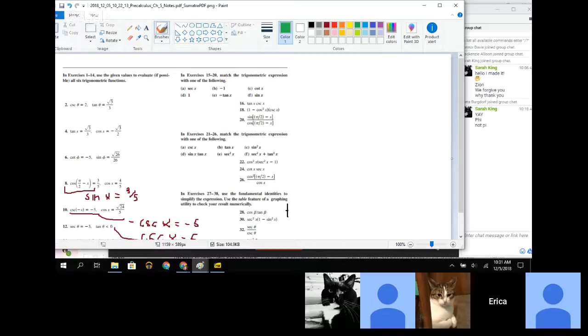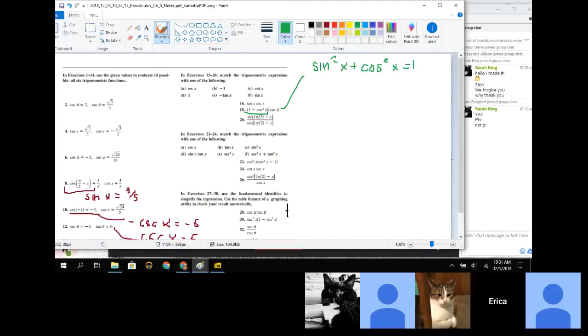Okay, so number 18 is 1 minus the cosine squared of x times the cosecant of x. Whenever you see that squared value in there, you want to be thinking, can I use one of my Pythagorean properties? So I know that the sine squared of x plus the cosine squared of x equals 1.